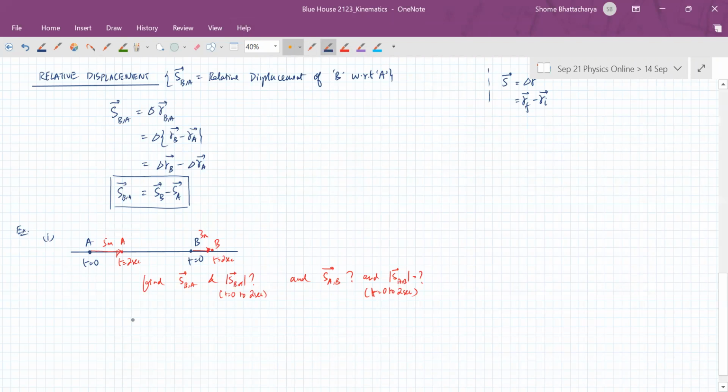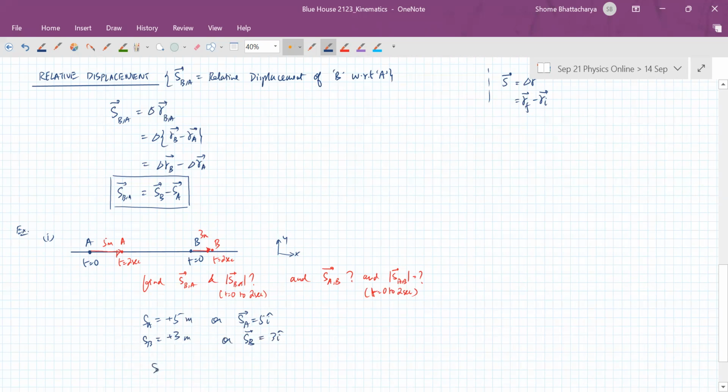Yes, very correct. So we can write this in a one-dimensional frame like this only, that displacement of A with respect to ground will become plus 5, or if we write in vector form, we can write it as 5 i cap, taking this as our x-axis. Displacement of B, we can write in one-dimensional form like this, or in vector format, we can write it like this.